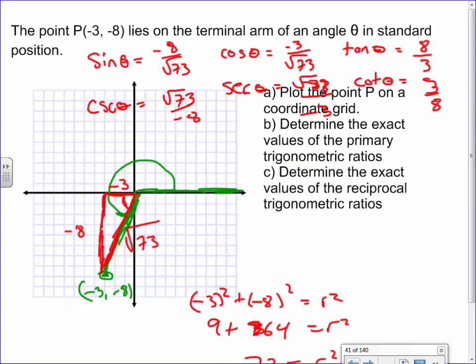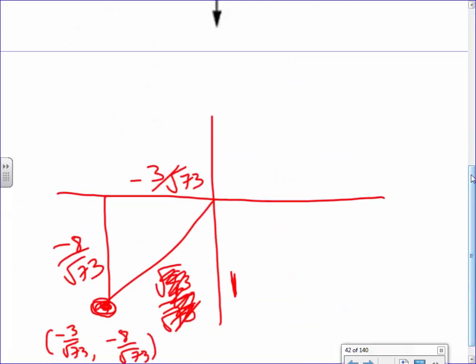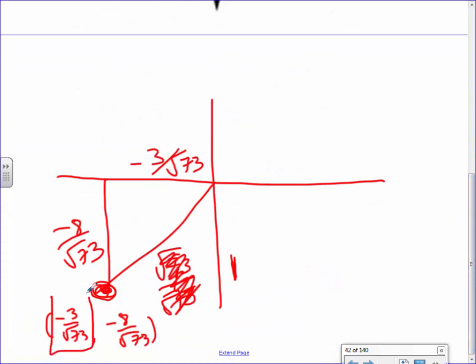I want you to look at one more thing here. I went back a slide, not forward, by the way. Negative 3 over root 73. Negative 8 over root 73. I feel like those are familiar.